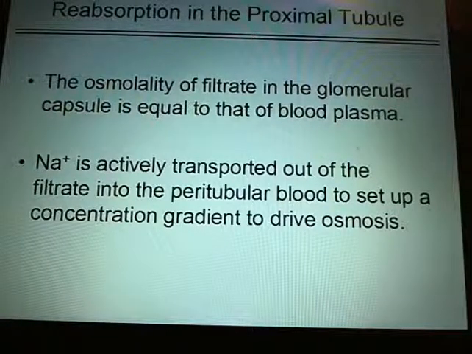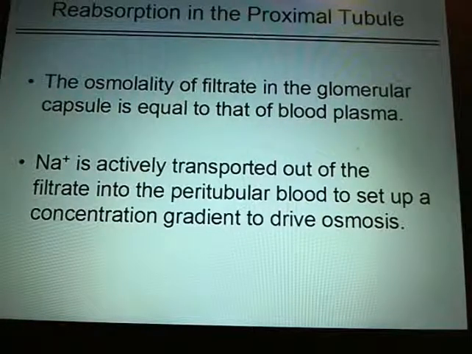The gradient is maintained by the sodium pumps actively transporting sodium out of the ascending loop of Henle, which water cannot leave. It creates a heavy osmotic gradient that pulls water out of the descending loop of Henle, and it is reabsorbed via the vasa recta and back into the blood system.